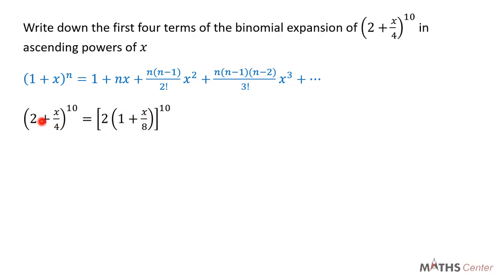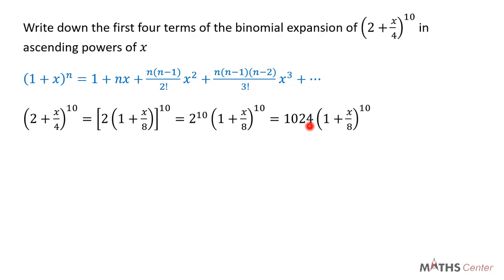2 times 1 is 2. 2 times x/8 is x/4. So we just factorized 2 out. From indices, we know that this can be written as 2^10 times (1 + x/8)^10. And 2^10 will give us 1024.